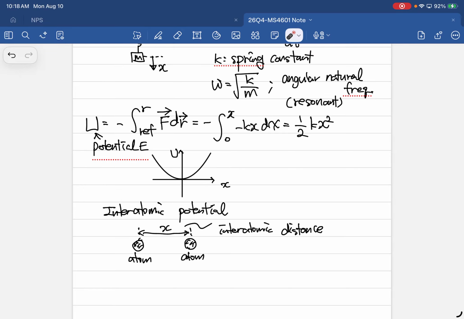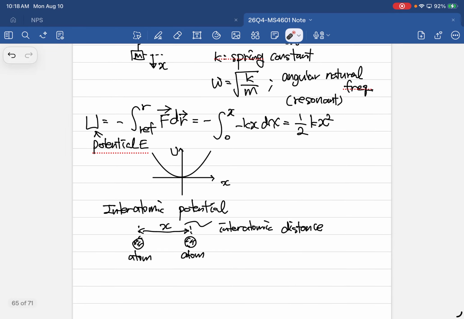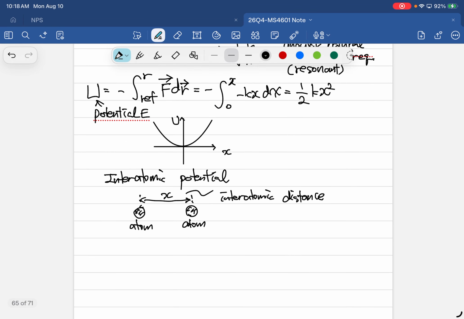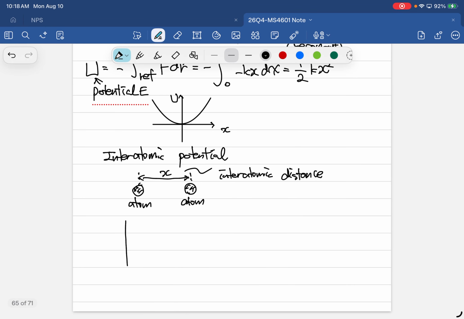If we describe this potential energy versus x, and we put the atoms far away, there is an attractive force, and the atoms are pulled into each other. As we bring these atoms too close, there is a repulsive force, right?